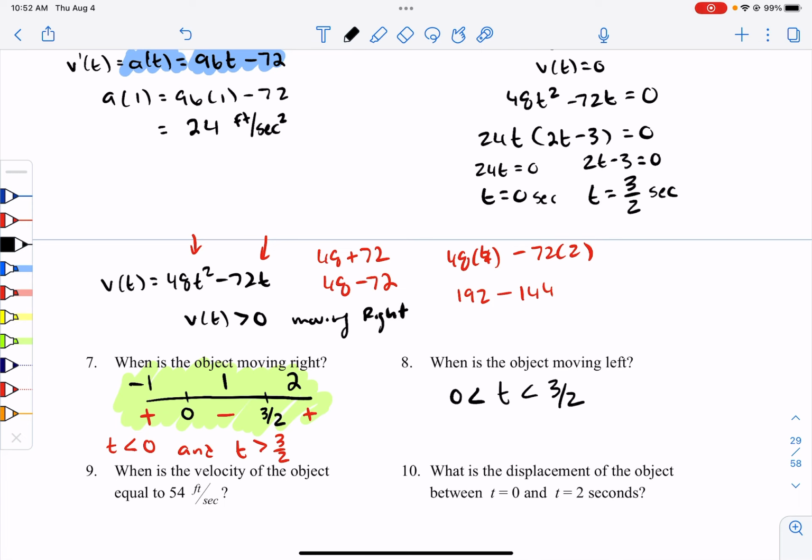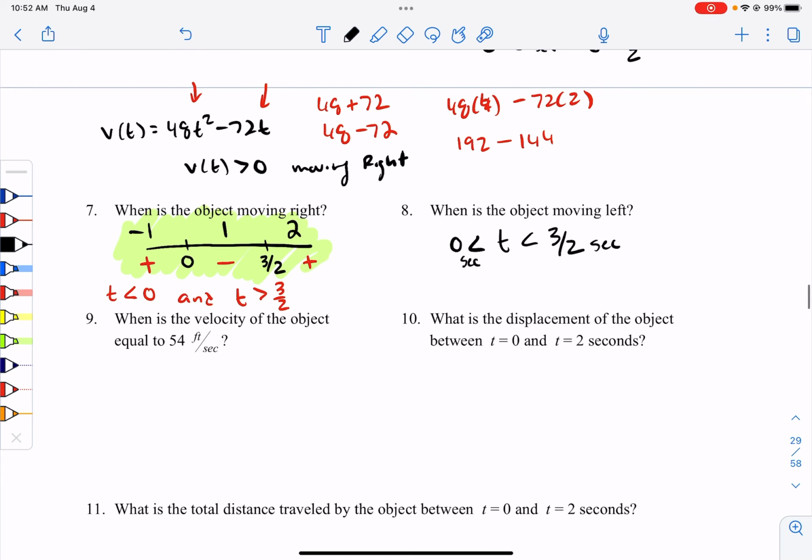Notice I didn't put the equal signs under my less than signs because at 0 and 3/2, we're stopped. We're not moving any direction. So it's in between 0 and 3/2, I'm moving to the left. Again, it's not asking for units, but if you wanted to write seconds, you can. If it doesn't ask, I have a hard time doing it because if you use the wrong units, you might get the question wrong, and that's no good.